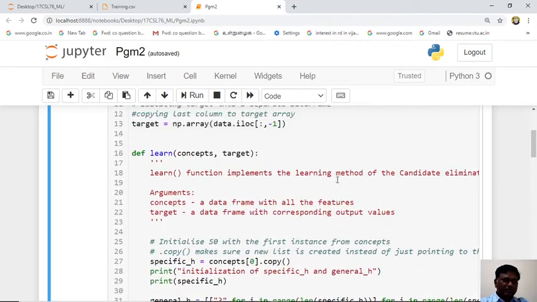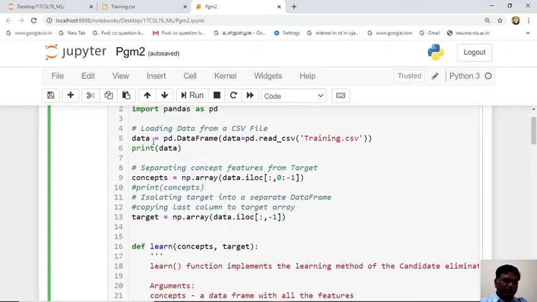So from the CSV file we have taken all the data into this variable data. Now we are going to divide the data into 2 things, concepts and target. Concepts means leaving the last column, all the remaining things are concepts.